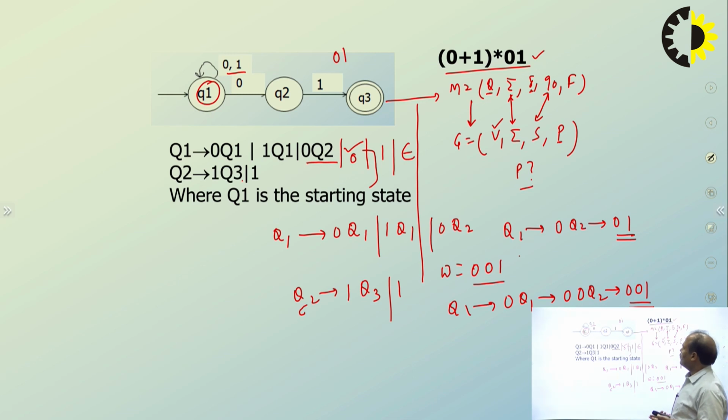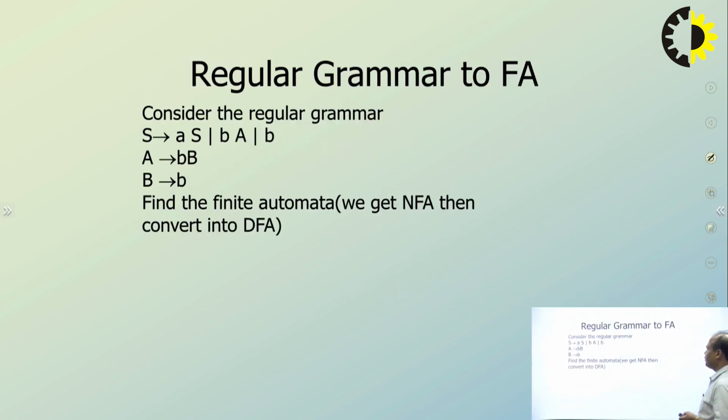So if your starting state is also a final state, you have to add Q1 to epsilon also. So this is the only limitation. If your starting state is not final, there is no problem, right? So this limitation is the most important limitation.